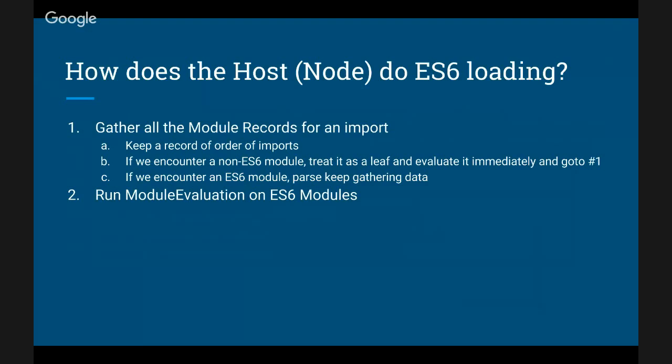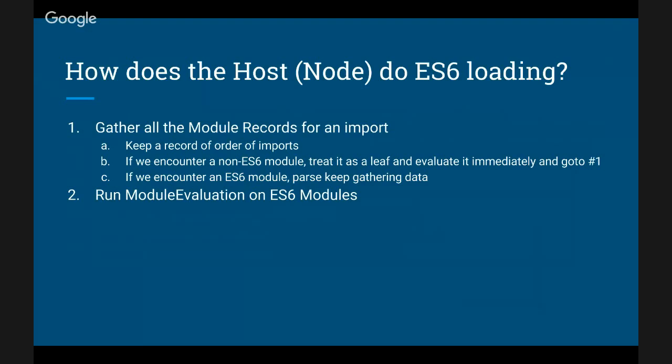Whenever we encounter an ES6 module, we're going to pre-process all the imports before we evaluate it. So that means it'll gather all the imports for your submodules, their submodules, and so on until it reaches a leaf node and no longer needs to try to resolve more imports.